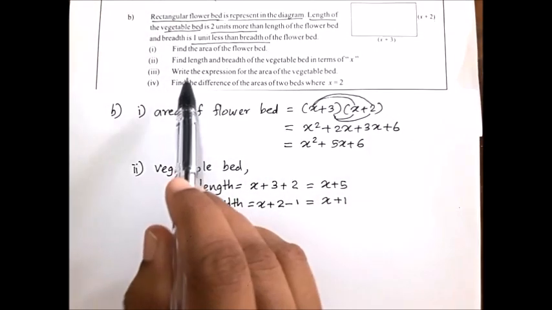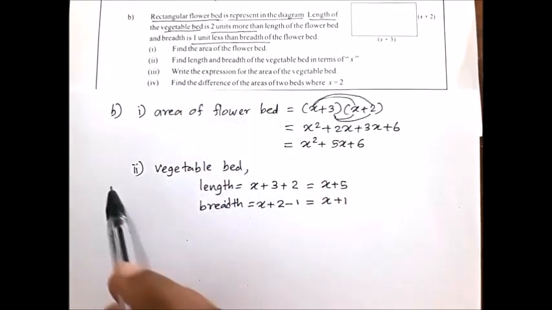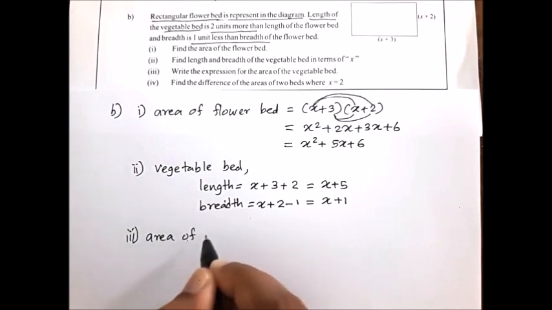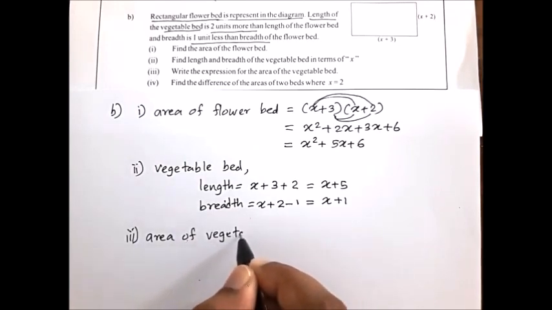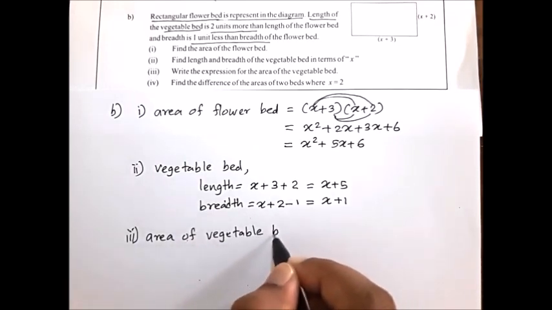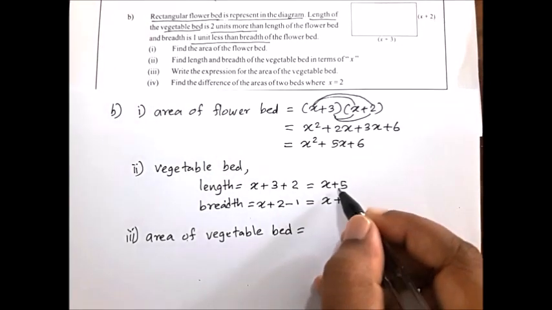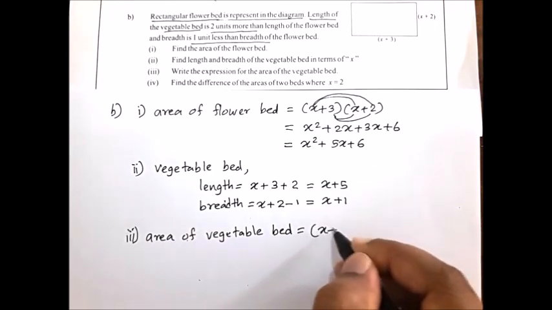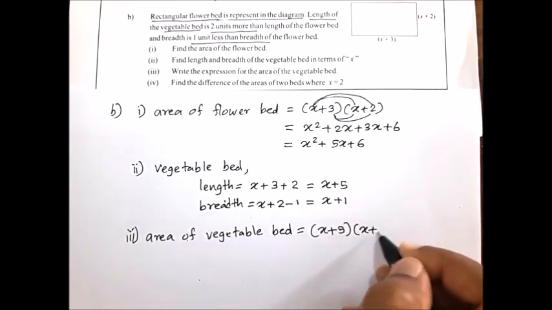Third part, write the expression for the area of the vegetable bed. This is the length of the vegetable bed and this is the breadth. Multiply length and breadth. x plus 5 multiplied by x plus 1.